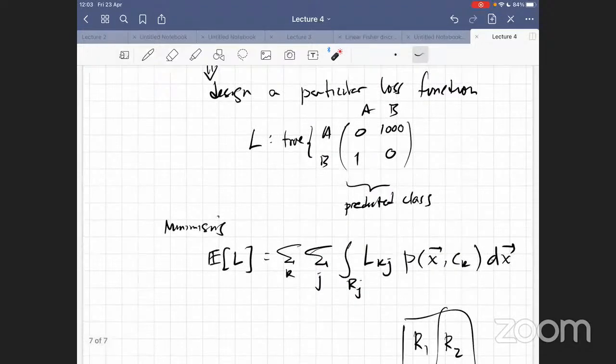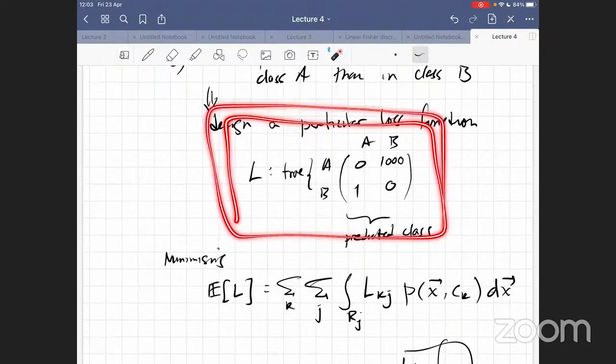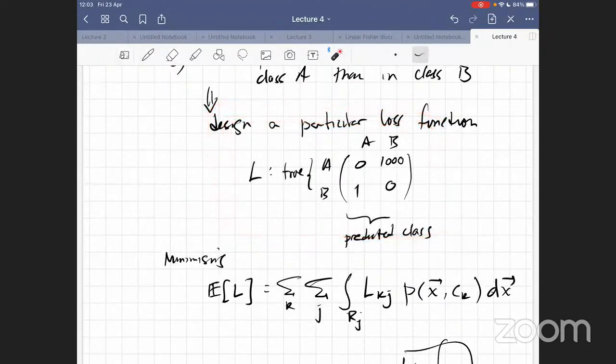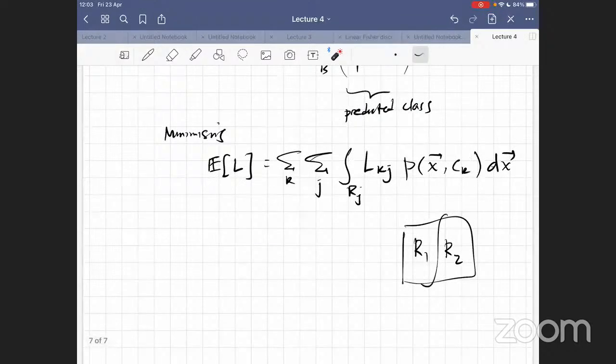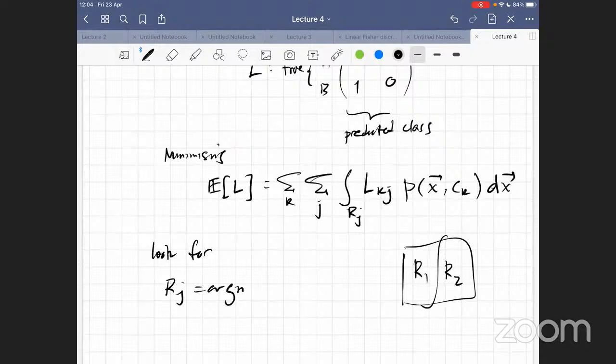Okay, so the correct way to take into account a loss function like this one is to minimize this loss function. So what we are actually hoping is to look for the assignment of region that minimizes this.